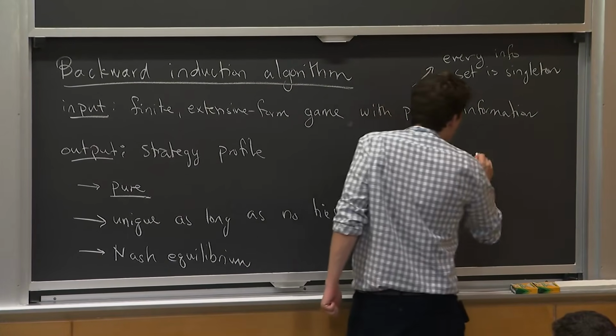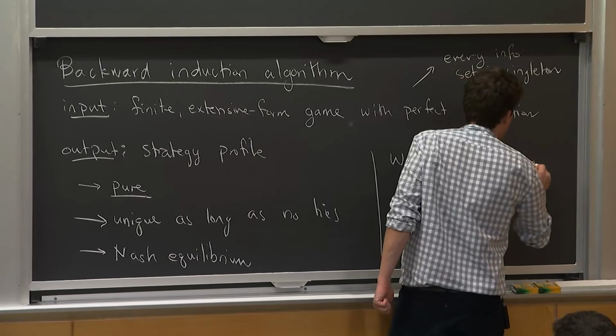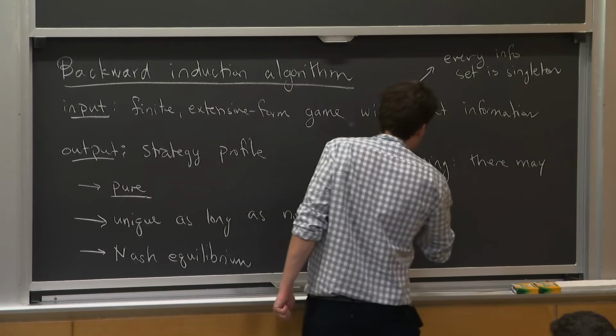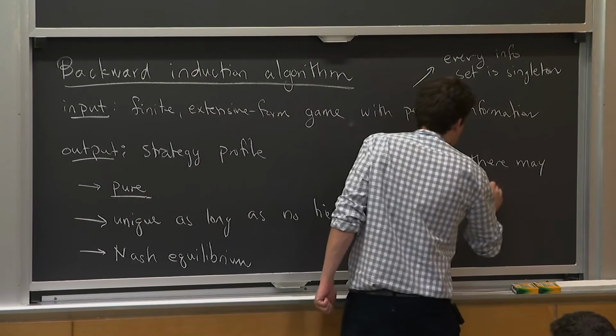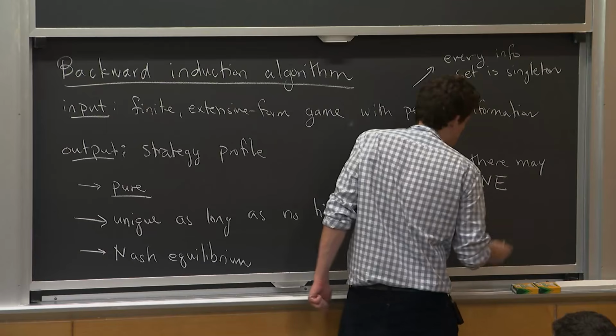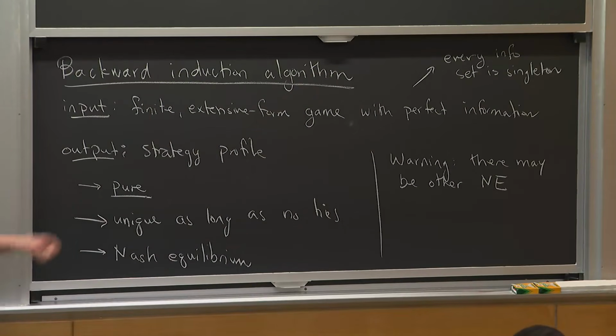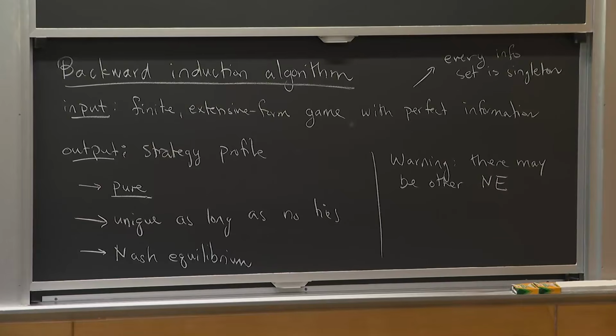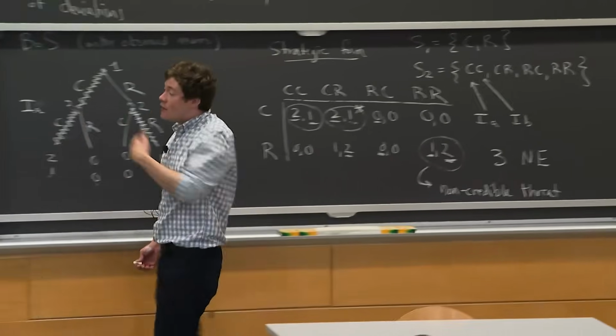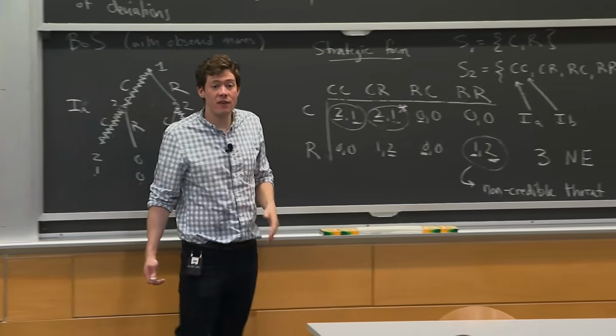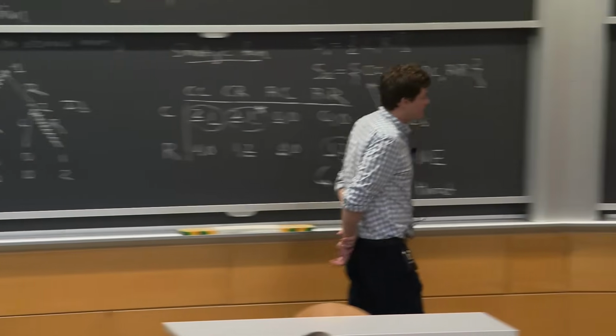As we already saw, there may be other Nash equilibria. So it's true that the output of this algorithm is a Nash equilibrium, but it's a very special Nash equilibrium. And it's possible that there are other Nash equilibria that cannot be outputs of this algorithm. And those would be the Nash equilibria that involve non-credible threats, as we've identified previously.